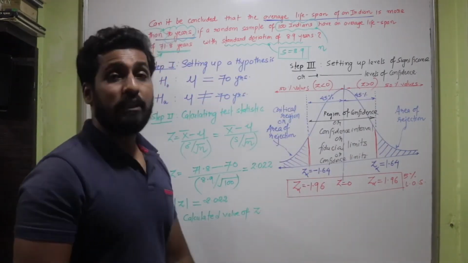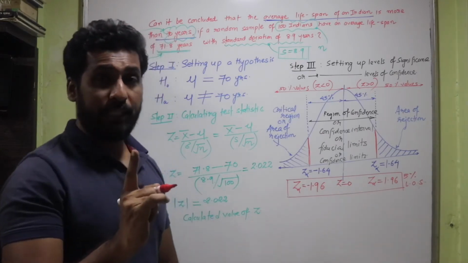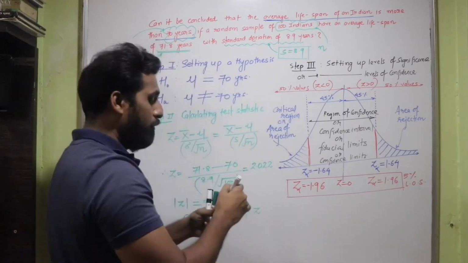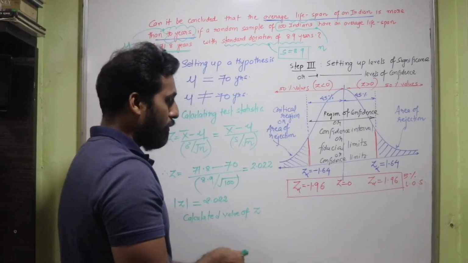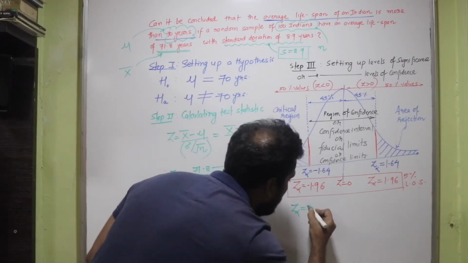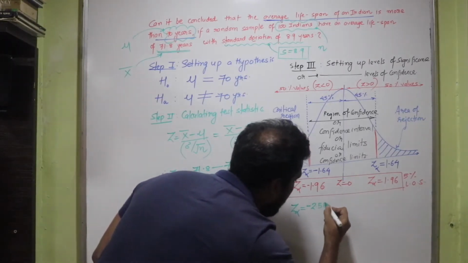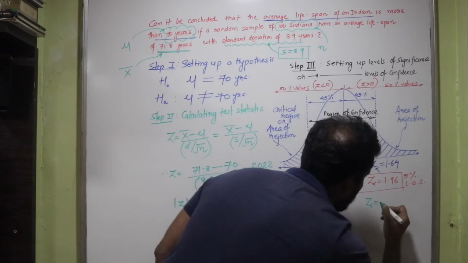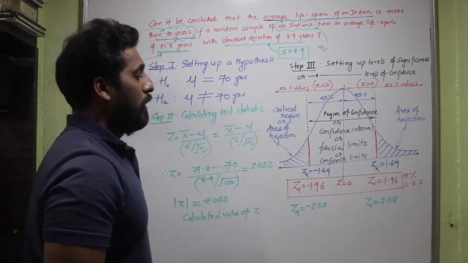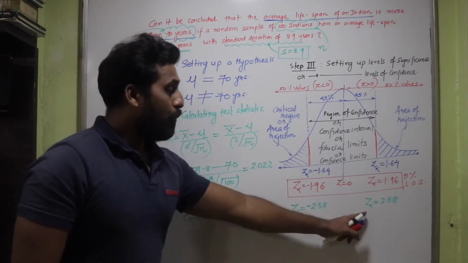Similarly, for 1% level of significance, the value of Z alpha becomes minus 2.58 to plus 2.58.